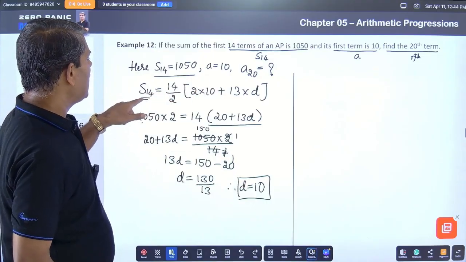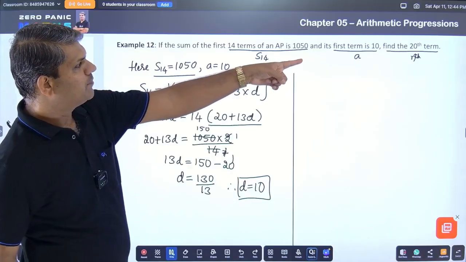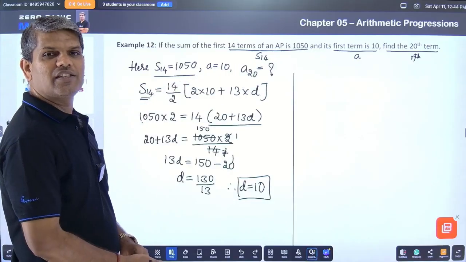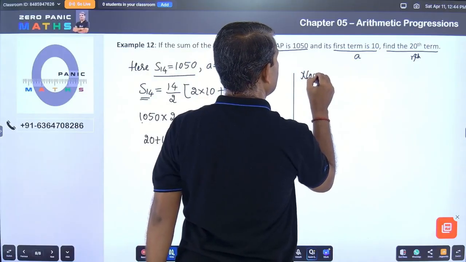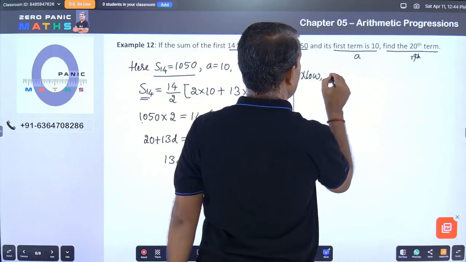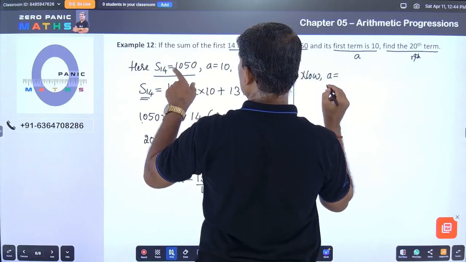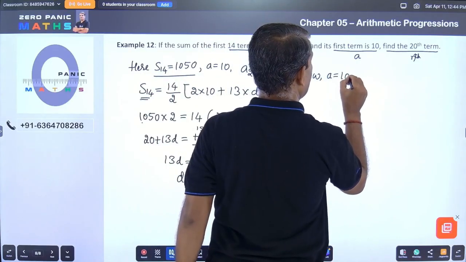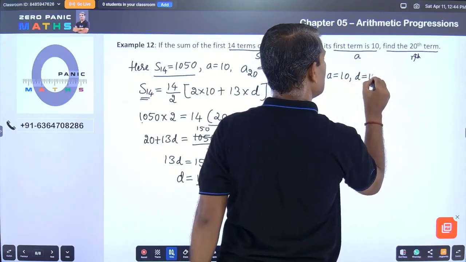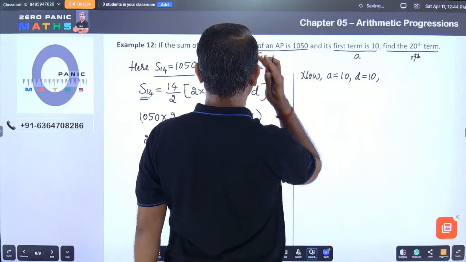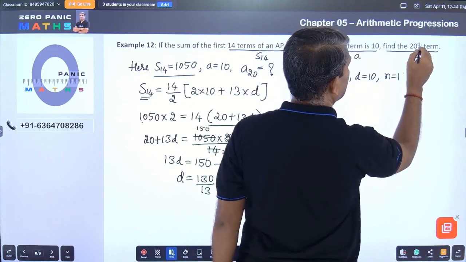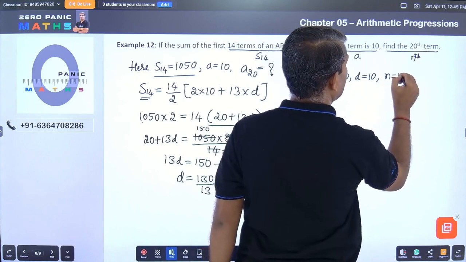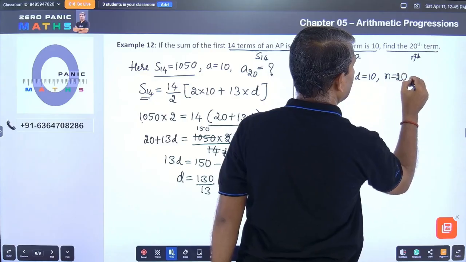So now we know what a is, what d is, what n is. Now I can calculate the 20th term. The second part of this is, now a is equal to 10, d is also equal to 10, and n is 20. They want the 20th term.